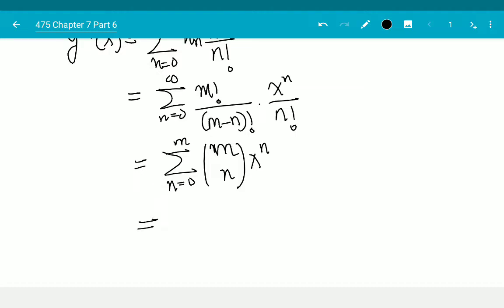And this you might recognize as (1 plus x) to the power m. So the exponential generating function of the sequence is (1 plus x) to the power m.